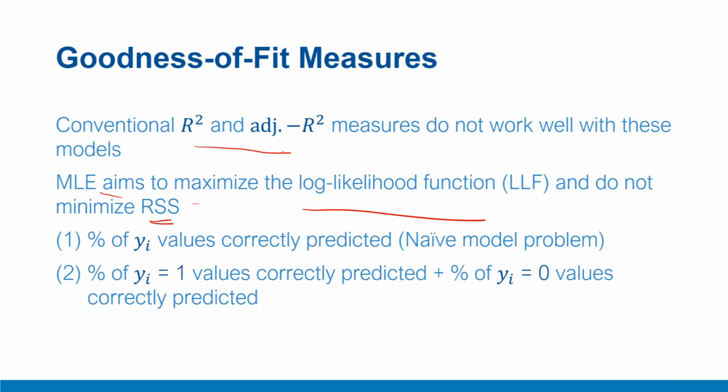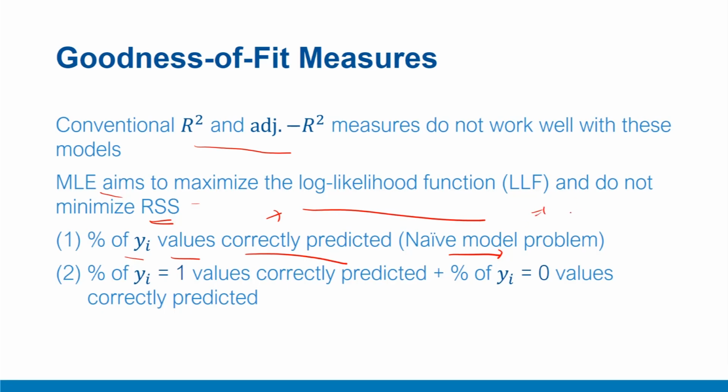So there are two very simple and very intuitive measures that are employed for logit and probit models. One is the percentage of values that are correctly predicted. This is often referred to as the naive model problem, where you try to find what percentage of yi values you are correctly predicting.